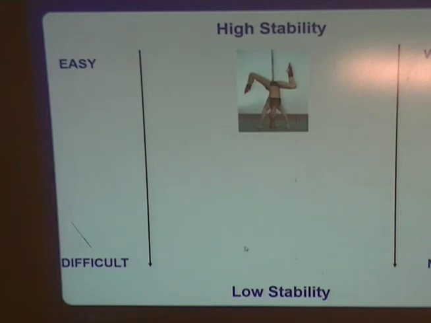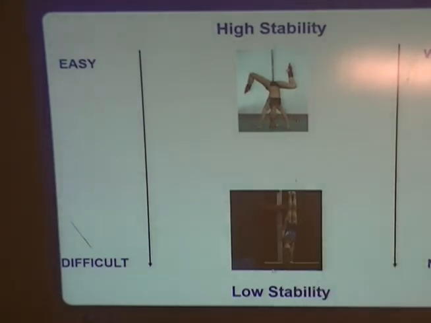However, this version is a totally different picture. Now I've got an itty-bitty base of support because I'm doing a handstand on one hand. She's actually not doing a handstand, she's doing a one-arm giant, or a twisting giant, but for the sake of our picture, she could be doing that. So she's got one hand.